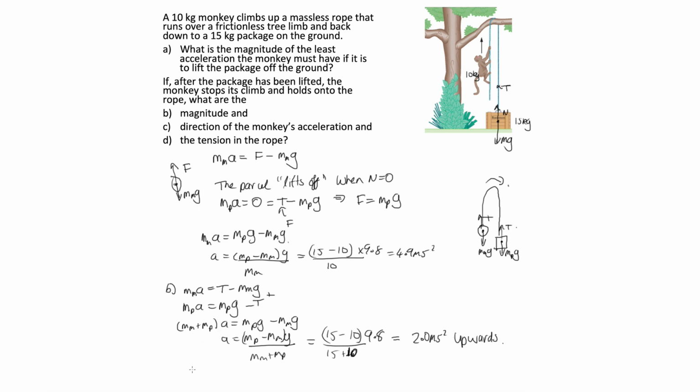So now we can go back to this equation here, and we can rearrange it to give the tension is equal to the mass of the monkey times a plus the mass of the monkey times g, and so this is equal to 10 times 2 plus 9.8, which is equal to 120 newtons, and that's to 2 sig fig.